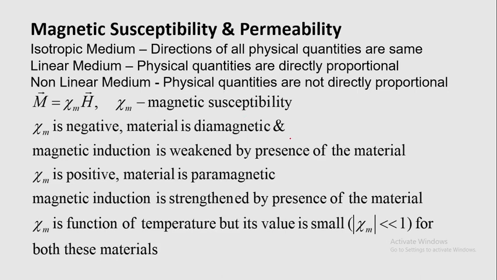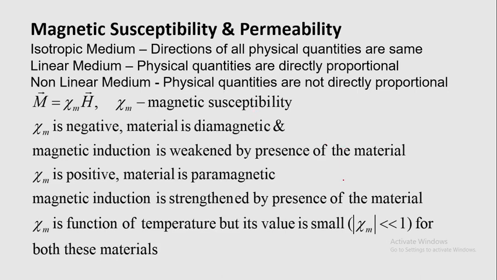I has become 0, that means H has become 0, the external field has become 0, and it still produces a magnetic induction. That means there is some magnetization. So this value of the magnetic induction is called retentivity. It is able to retain that magnetic field, so it will not become completely 0, although the external field is 0.